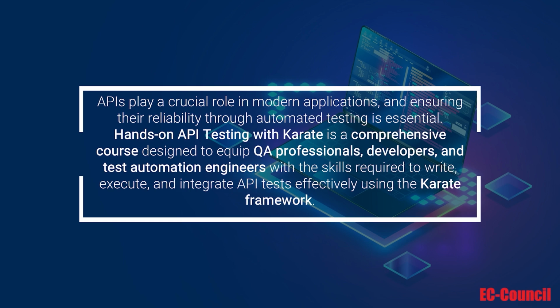Unlike traditional API testing tools like Postman, Karate combines testing, mocking, and performance testing into a single framework. It simplifies test writing with Gherkin syntax and provides native support for JSON, XML validation, authentication, and integration with CI/CD pipelines.